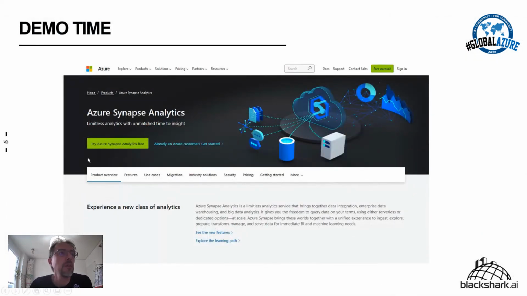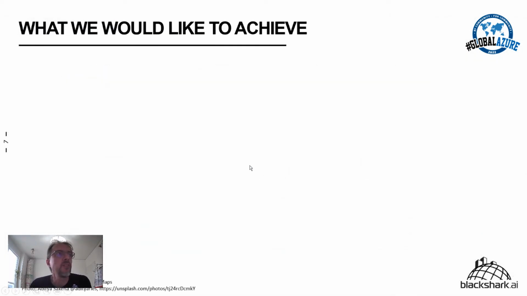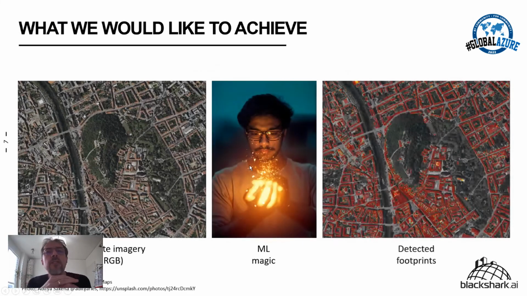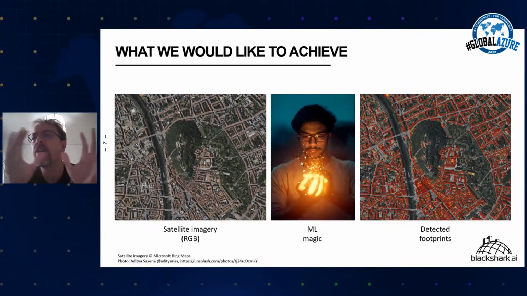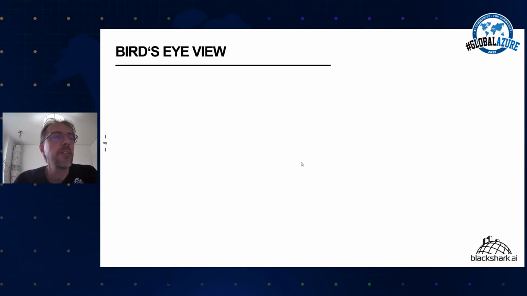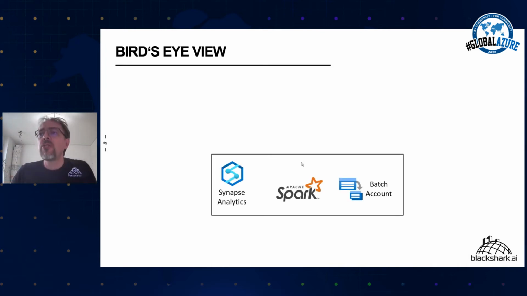So maybe back to here, just as a reminder, this is what we try to achieve, right? Satellite imagery, machine learning magic, detected footprints. And from a bird's eye view, Synapse is at the core of our work. We're using some Spark stuff and also the batch account.